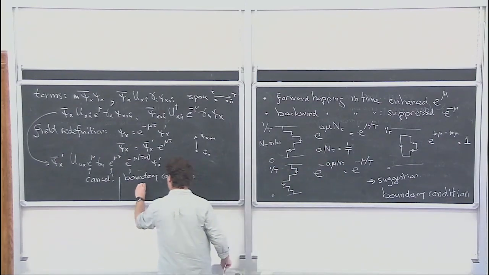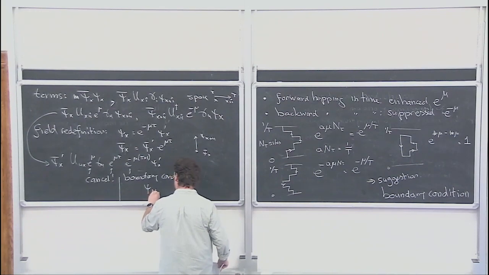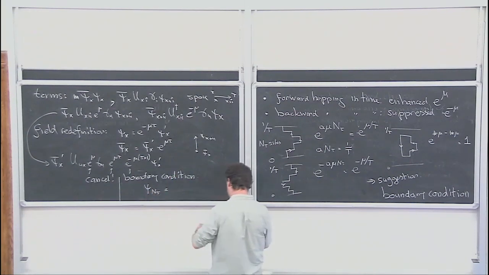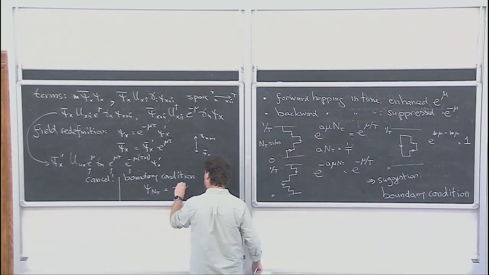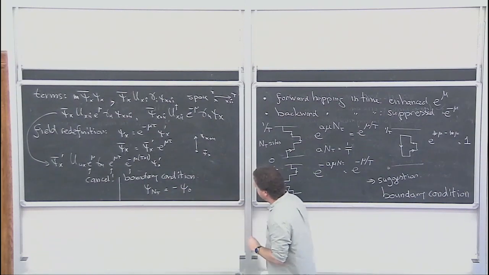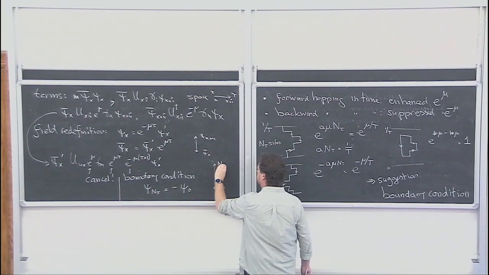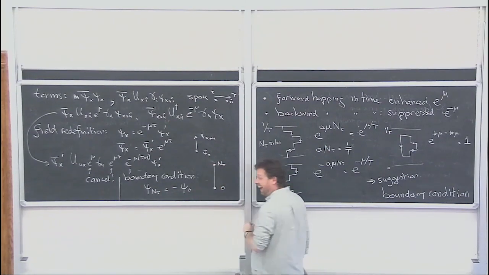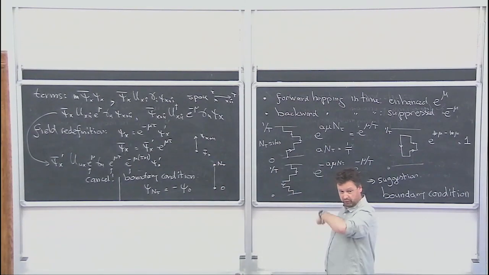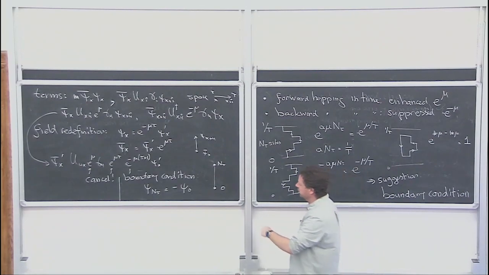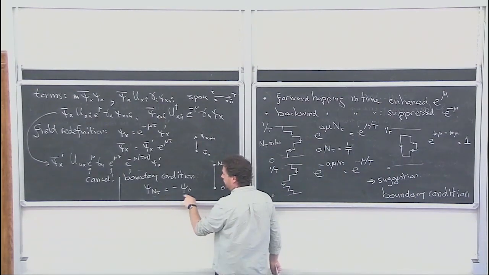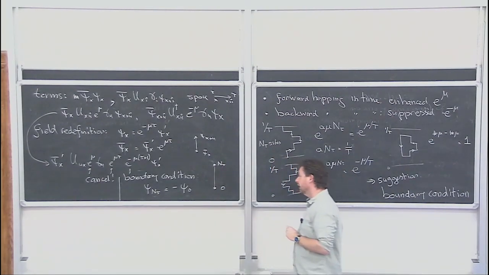When you derive the path integral from first principles, you will find that there is a minus sign. So the original boundary condition, if this is point 0, and this is point n tau, going around once in the time direction, there is a boundary condition like this.